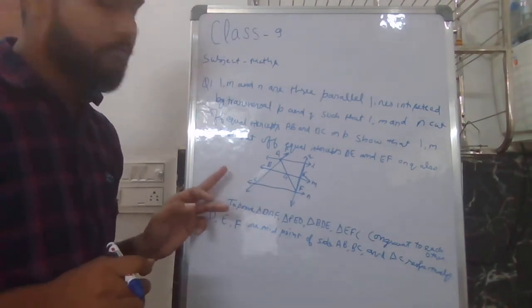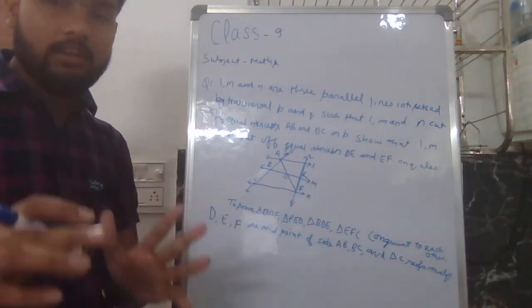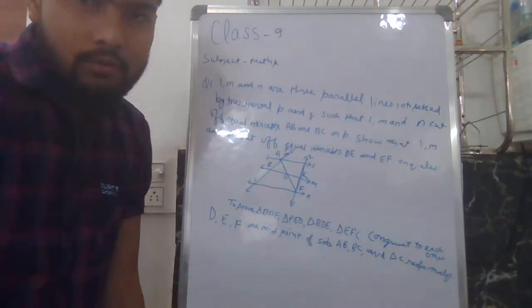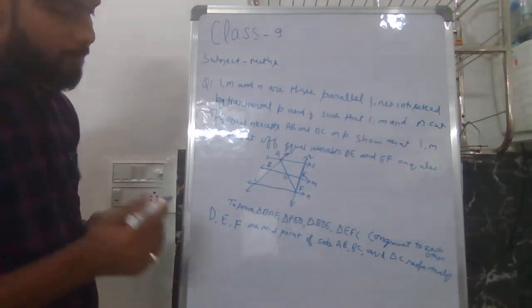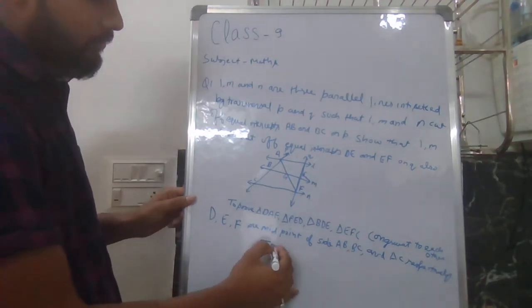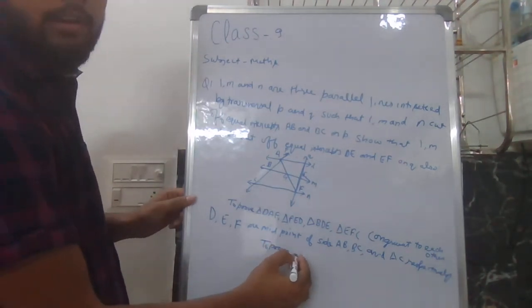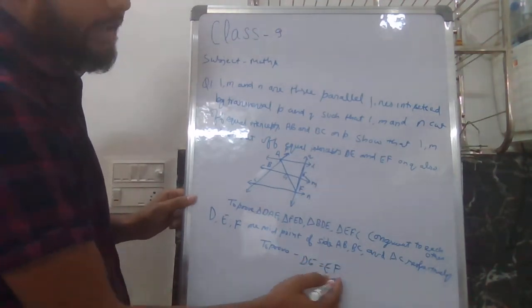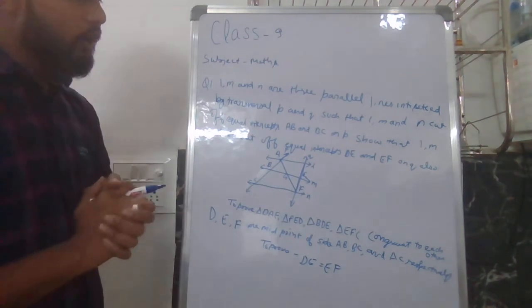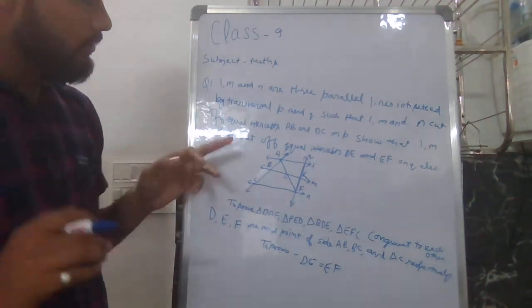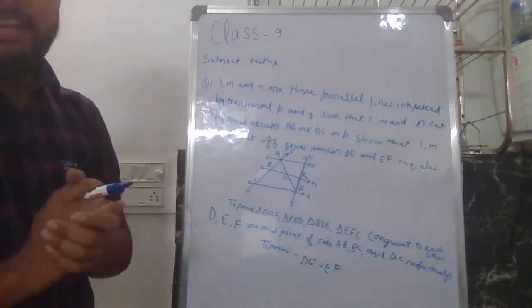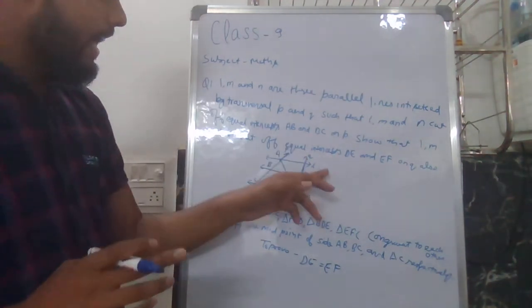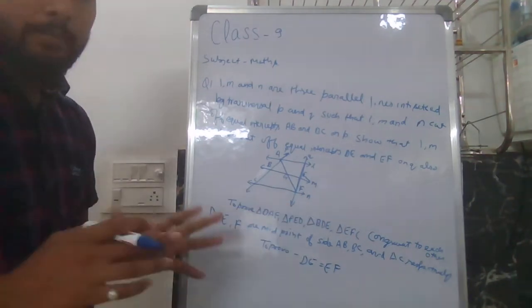Here we have to prove DE is equal to EF. Okay, so here what is given? The given is AB is equal to BC. So we will prove this theorem.